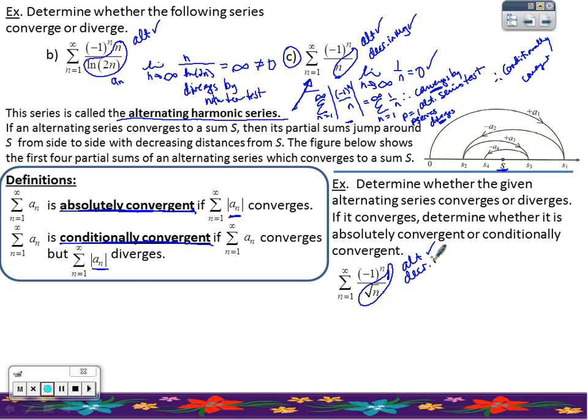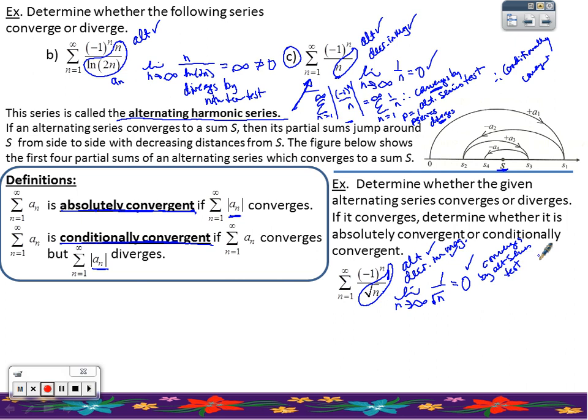We decrease in magnitude. Check. All right, let's do the limit. The limit as n goes to infinity of 1 over square root of n. What does this limit tend to? 0. So therefore, this converges by the alternating series test.